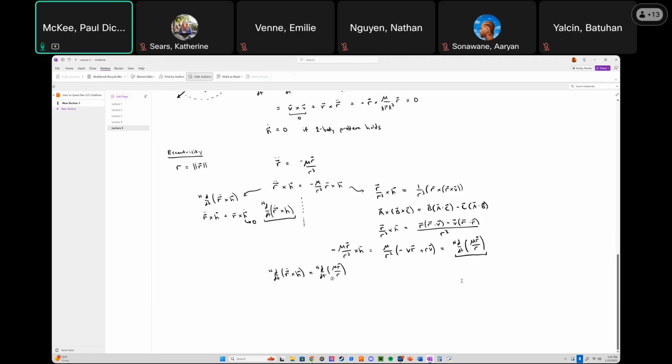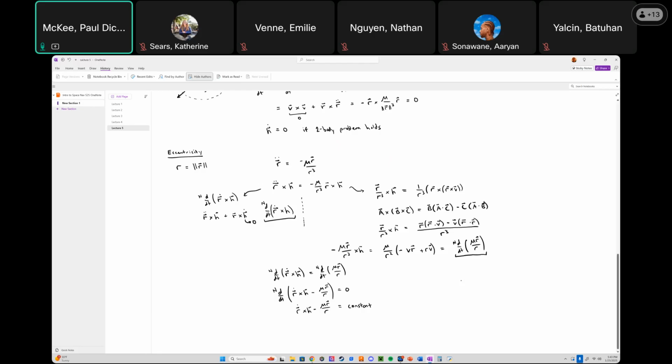But what we can do is we can say, okay, the derivative in n of r dot crossed h minus mu r over r is 0, which means that r dot crossed h minus mu r over r is some constant value. Right? We don't necessarily know what that value is, but we know it's constant because its derivative equals 0.